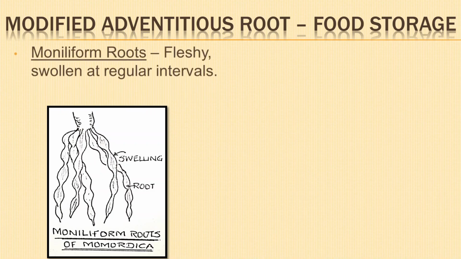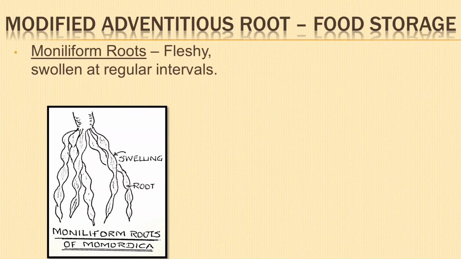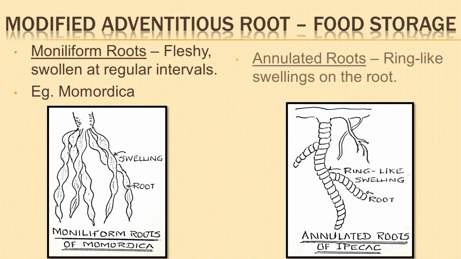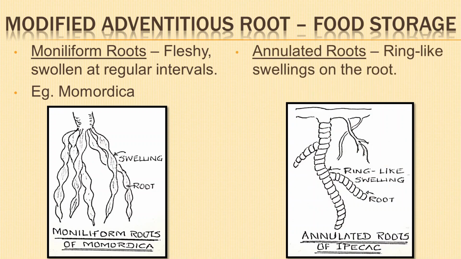They are fleshy, adventitious roots which are swollen at regular intervals, giving the appearance of a string of beads. Example, Momordica. Annulated roots. When the roots have a series of ring-like or disc-like swellings on its body, it is said to be annulated, as in ipecac.